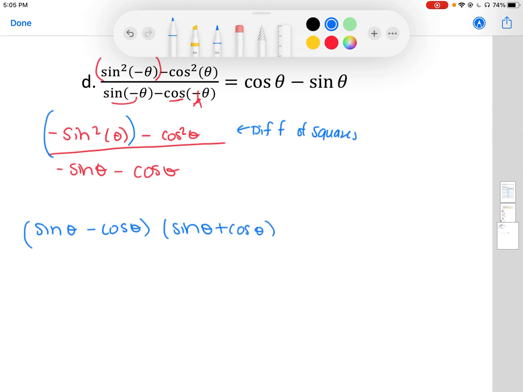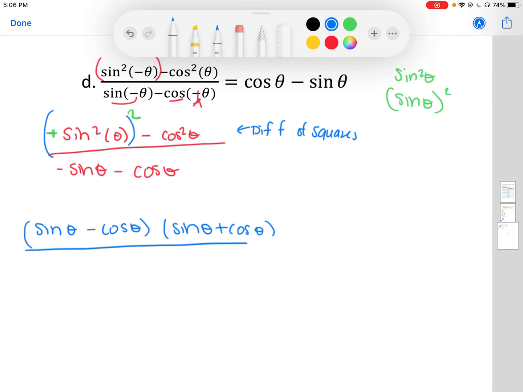And I've got to stop for a moment, because this square applies to everything, so it makes this sign actually positive at some point. Sine squared theta is the same as sine theta quantity squared. It's squaring our entire sine value.